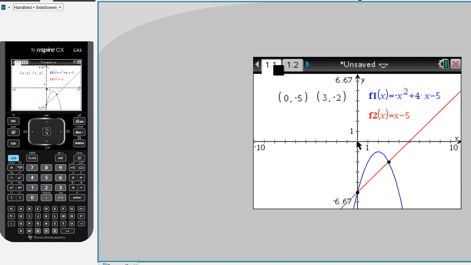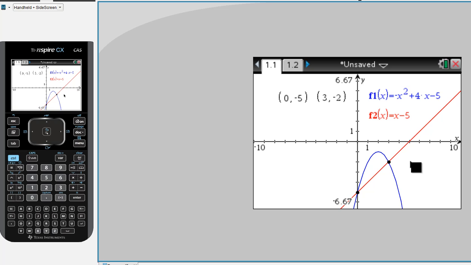And what's the reason for that? Let's do the algebra. So minus x squared plus 4x minus 5. And then remember, minus in front of the whole function. So it's going to be minus x, but then it's going to be minus 5. So it's going to be plus 5. This means that the minus 5 and the plus 5 will cancel each other out.